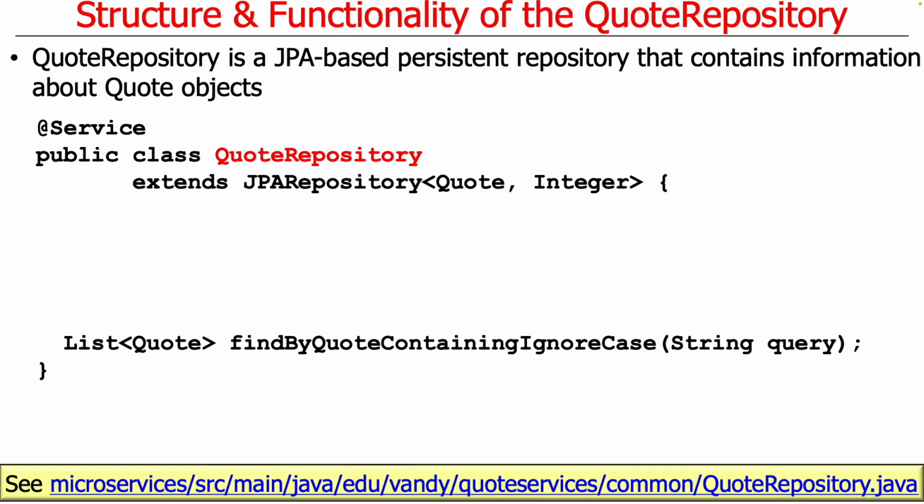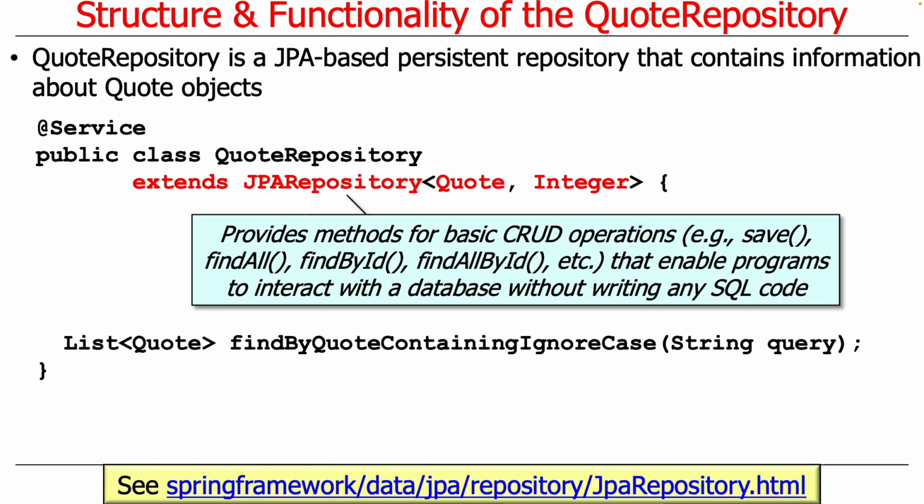So the quote repository extends JPA repository, which provides a boatload of methods for basic create, read, update, delete, or CRUD operations. So these would be things like saving, finding all, finding by ID, finding all by ID, et cetera, that enable Java programs to interact with a persistent database without having to write any SQL code, or writing very little SQL code.